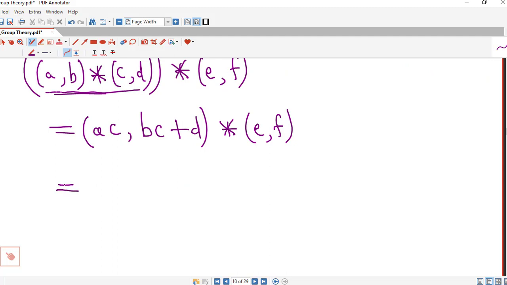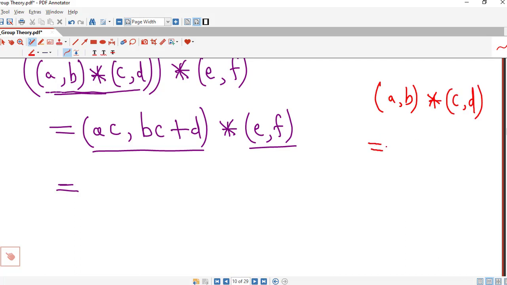Now again we apply the definition of binary operation star to these two elements, and we recall that the binary operation is (A,B) star (C,D) equal to first component into first component, second component into first component plus second component.